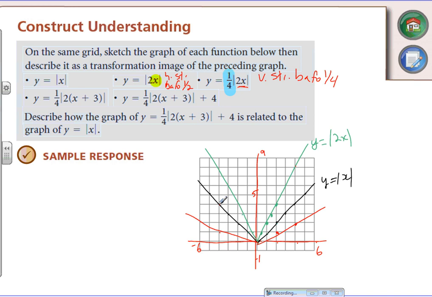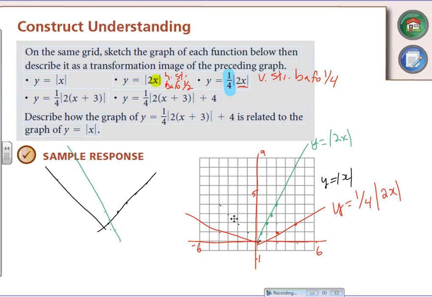And that is y equals 1/4 of absolute value of 2x. And just because we're building on this again and again, I'm going to pull off the other ones right now, just to try to clean up our graph, just so you can see it a little bit better.